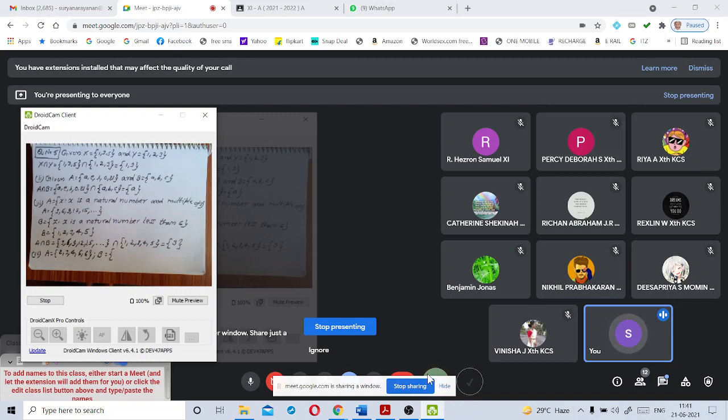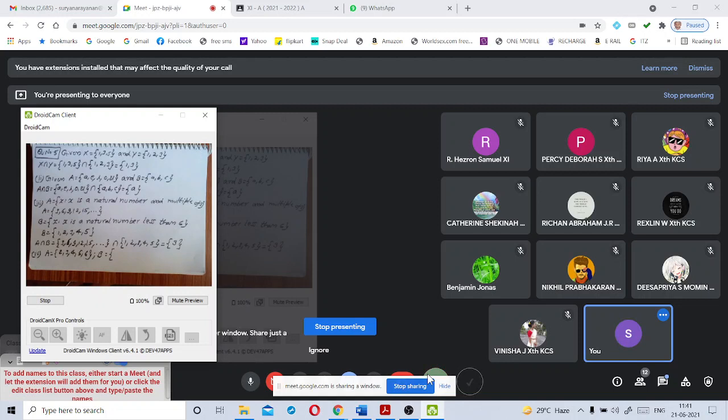Understood this set, my dear Richen? What are the elements of this set? It must be greater than 6. Yes or no? Yes, sir. 6 less than x means x is greater than 6, where x means a natural number.